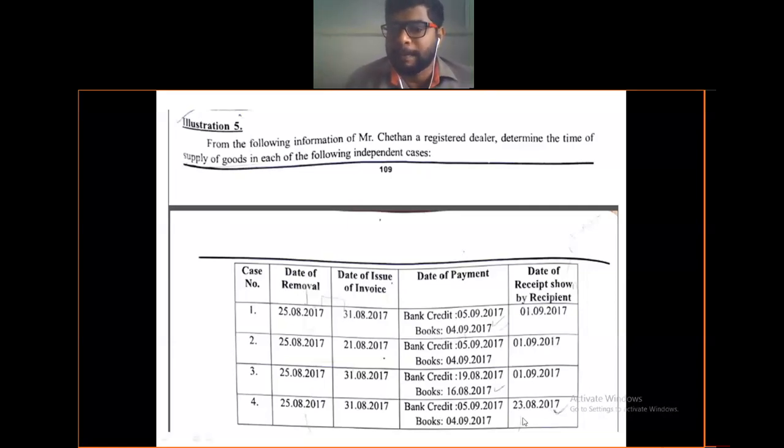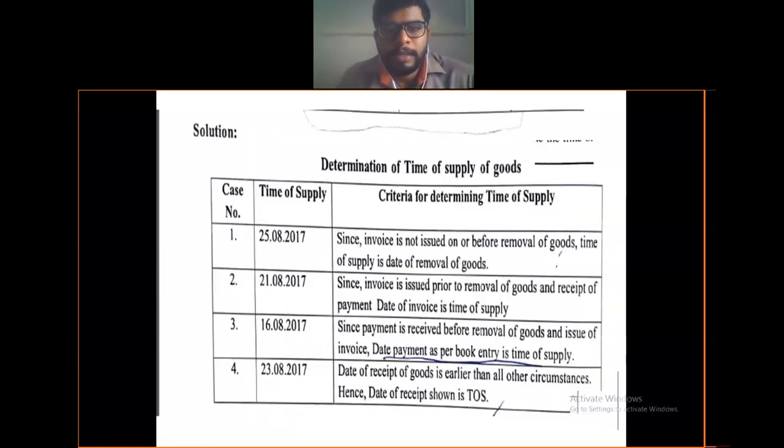Like that you have to write the explanation part. So the date of receipt shown is the time of supply. TOS means time of supply.